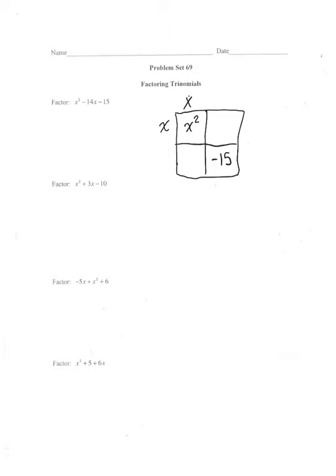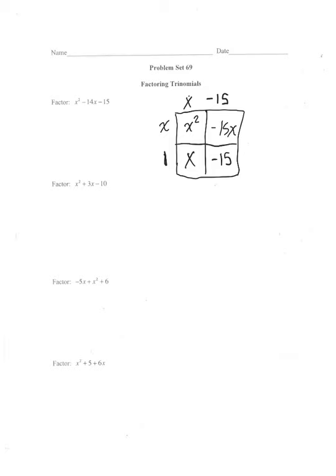Well, how about negative 15 and positive 1? Negative 15 times 1 does get me negative 15. 1 times x gets me x, or 1x, and negative 15 times x gets me negative 15x.